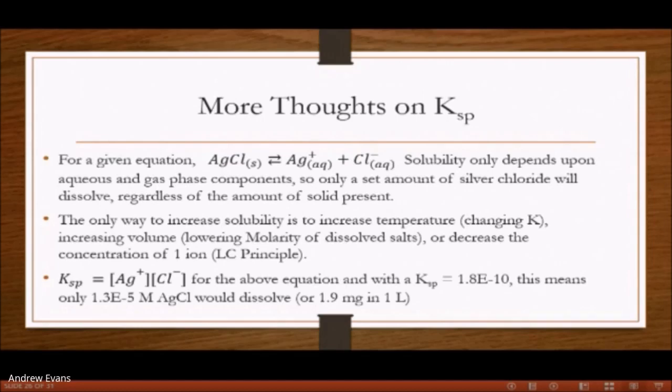Breaking this down, with this poorly soluble salt, we would only get 1.9 milligrams in a liter. That's how much silver chloride could dissolve in 1 liter. Not a whole lot. But how do we actually calculate that?